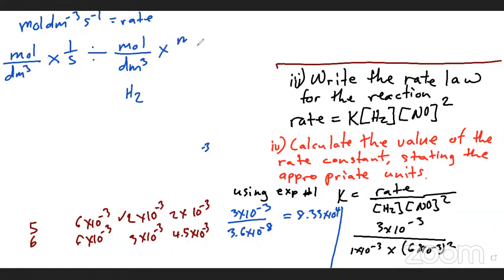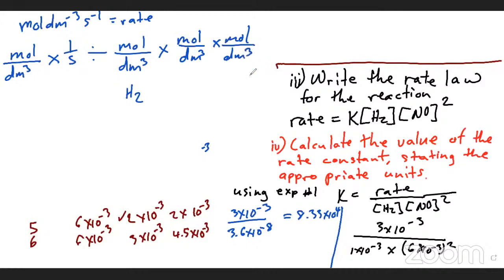So again, concentration is mole per dm cube. But remember, you squared NO, so it is moles per dm cube times moles per dm cube.